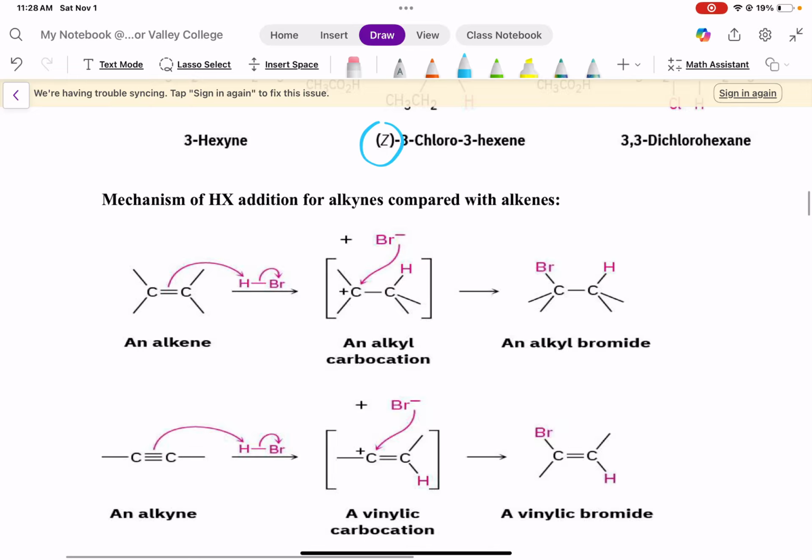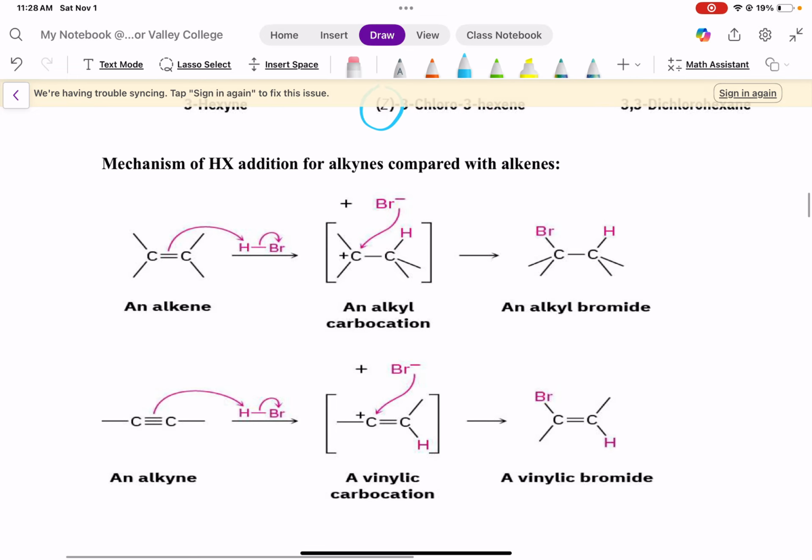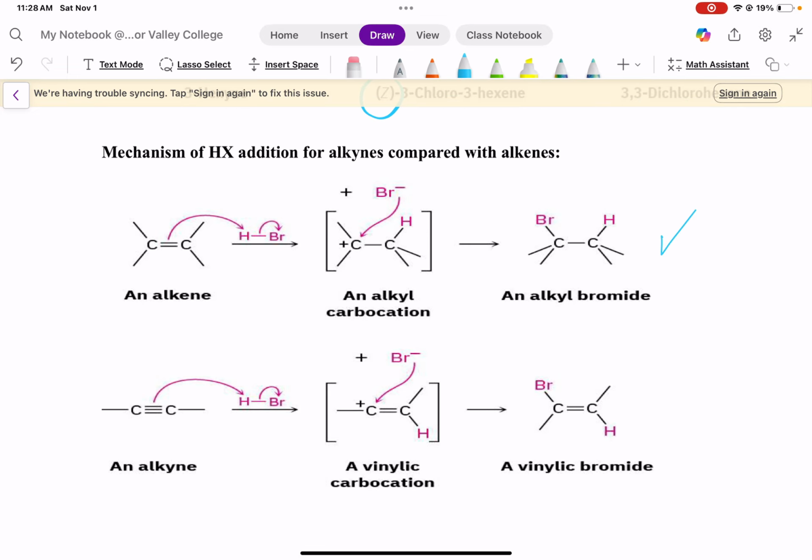Okay, now comparing the adding, right? Adding HX to alkene versus alkyne, now you can see they come in.